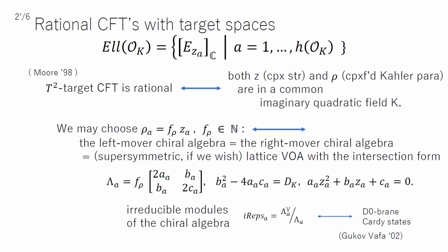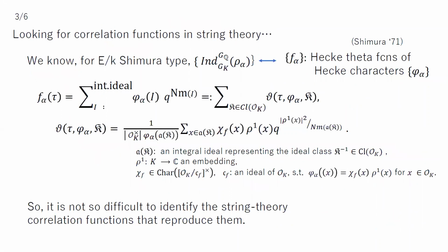The set of irreducible representations of the chiral algebra are in one-to-one correspondence with the discriminant group of the lattice in question. So that's the setup. Because this is the torus compactification in string theory, that's one of the easiest classes of string theories to study.